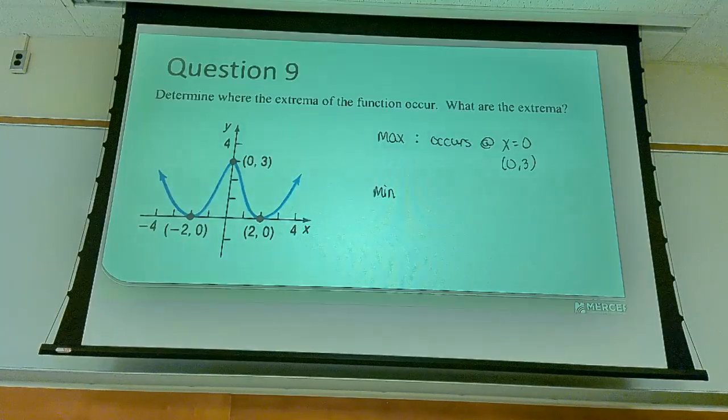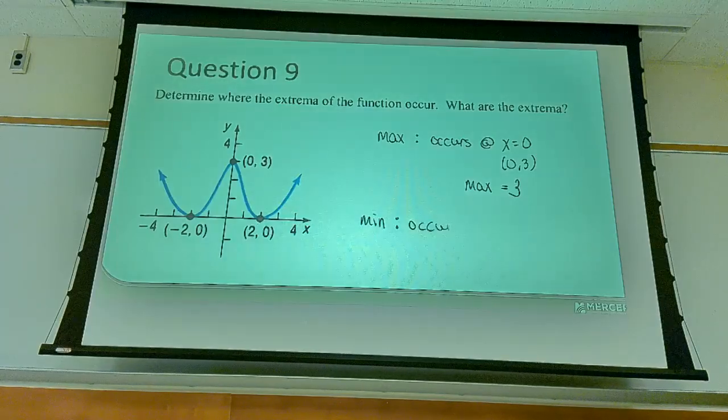We'd have this type of question on a test or quiz. And like I said, I'd say as an ordered pair, or I could specify the x value. The value is 3. Min.